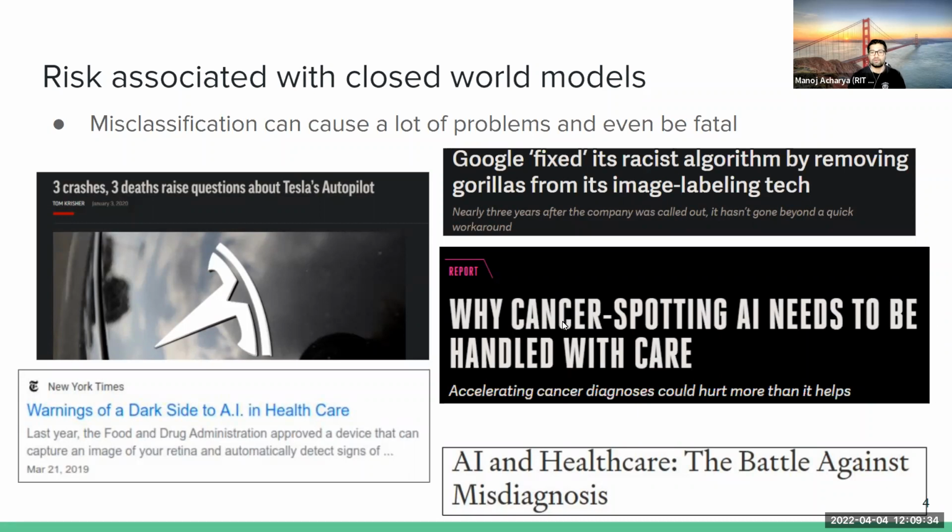This has been a real problem with just taking these closed world models and then deploying them in the real world. And sometimes this could prove fatal, where people have found that Tesla had accidents in those cases. Especially if we are talking about applying AI in healthcare, we need to be even more careful about just deploying these sort of models.